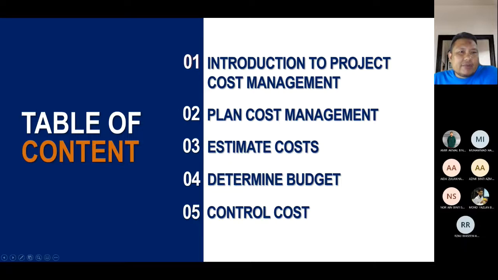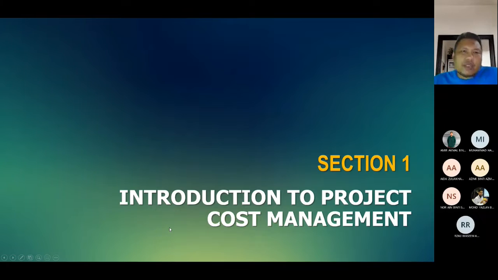Alright, the table of content for chapter 5: we talk about the introduction, it's just normal, and then the most important in our discussion, plan cost management, estimate cost, determine budget, and control cost. Cost is one of the big issues in any project.